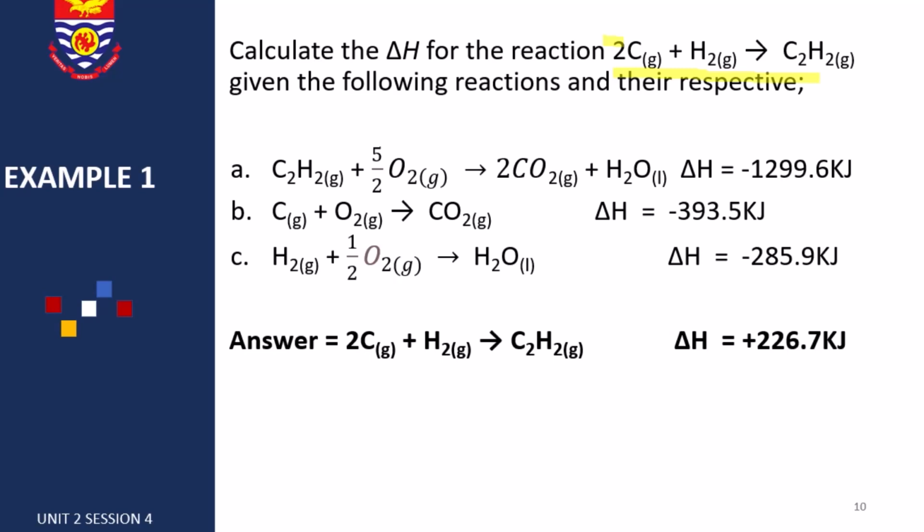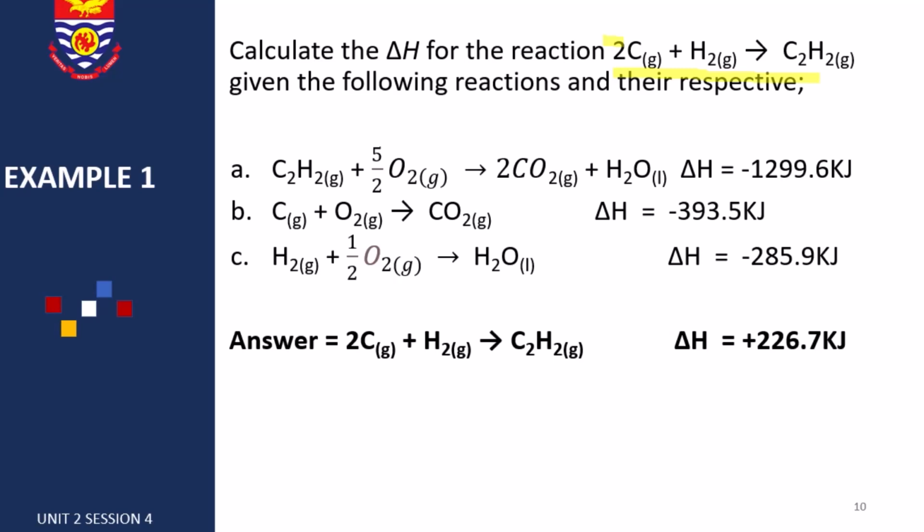So here you realize that we have CH4 plus 5/2 oxygen going to give us 2 moles of carbon dioxide plus water. So our responsibility is to maintain carbon and hydrogen on the reactant side. So in the first reaction A, we are going to reverse that reaction. If you reverse the reaction, then you are going to have your carbon dioxide and water as reactants, and then your methane and oxygen on the product side.